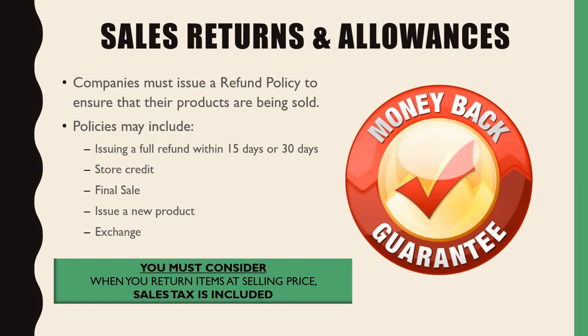And other examples could be, for example, you can have things like store credit. So instead of giving the customers their money back, you give them a store credit to purchase something else in exchange. Other things could be a full exchange, right, for price by price, or maybe it's the same product but a different color.